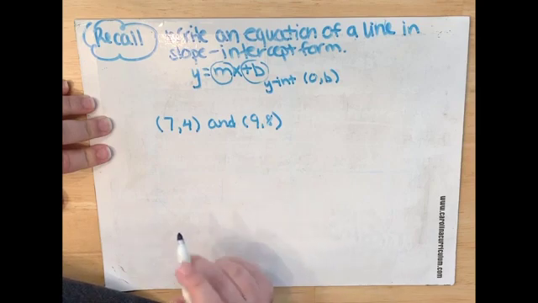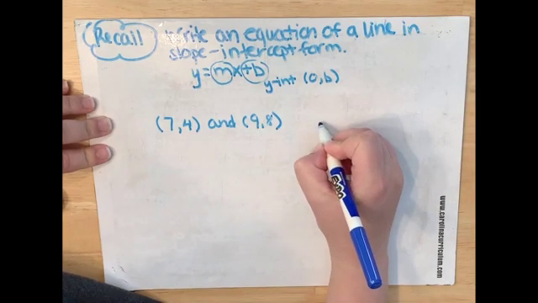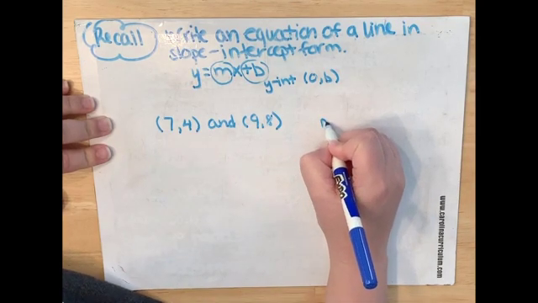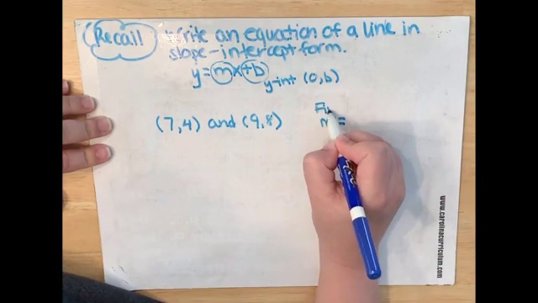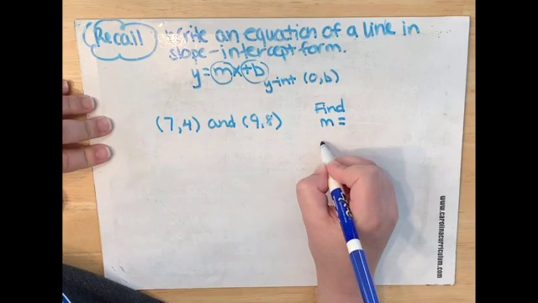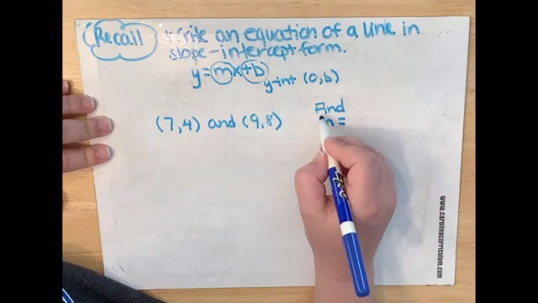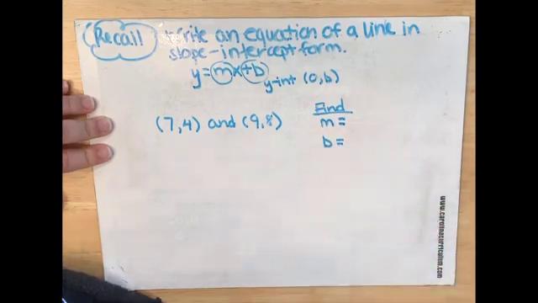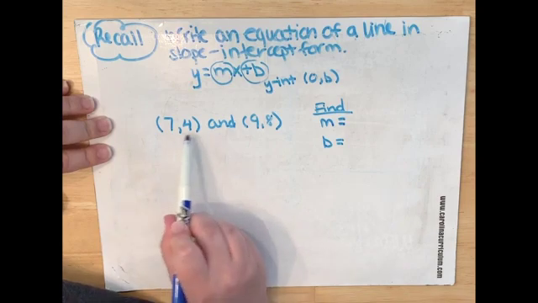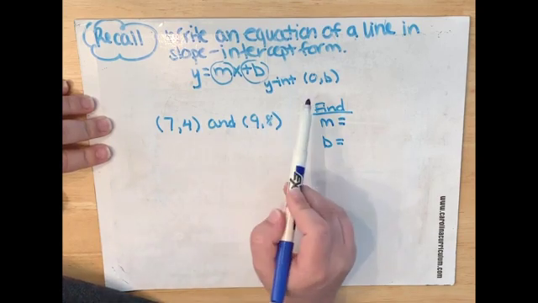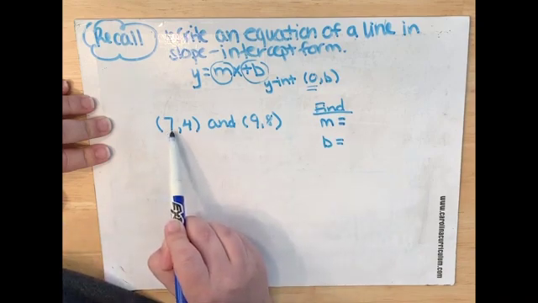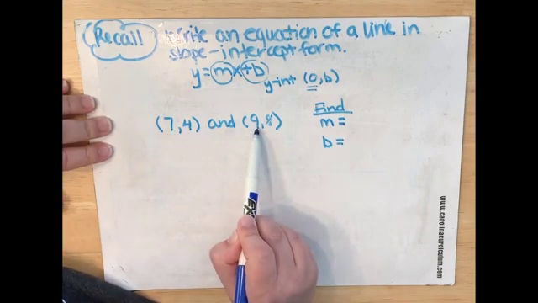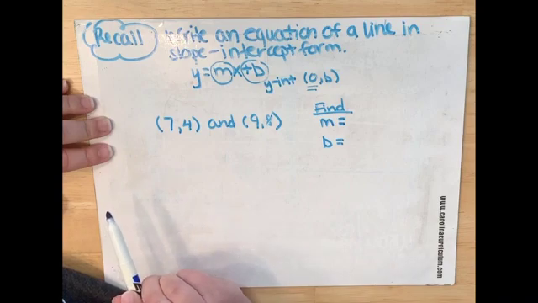So if I want to write an equation of a line, I need two pieces of information. I need the slope, so I need to find what that is. And I also need to find b, which we said was the y-intercept. So first, neither one of these is the y-intercept, because for it to be the y-intercept, the x-coordinate has to be 0. The x-coordinate's not 0, so neither one of these is the y-intercept.